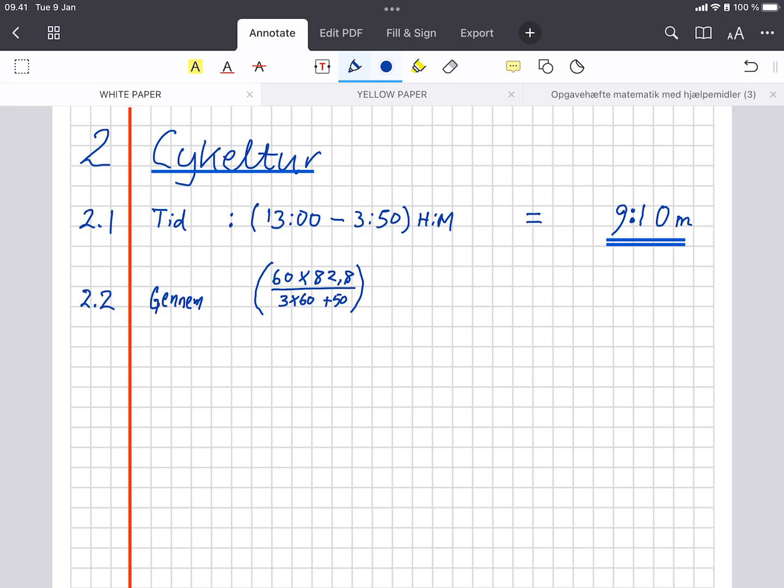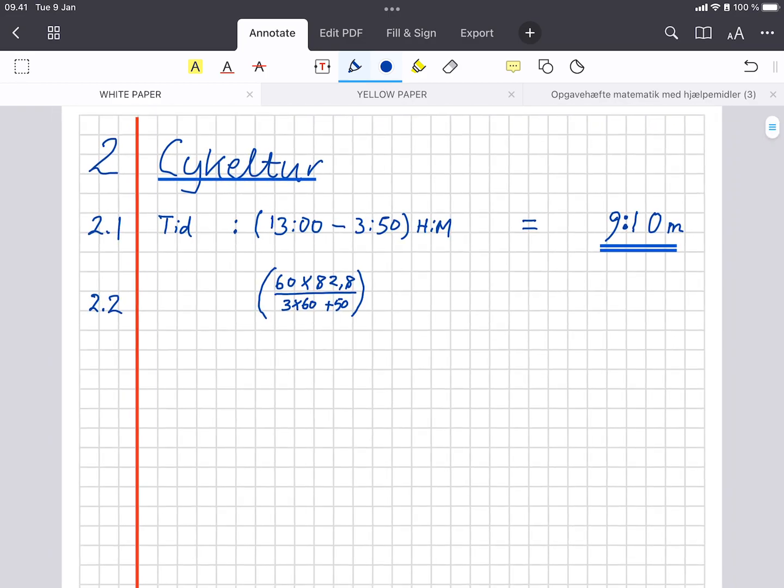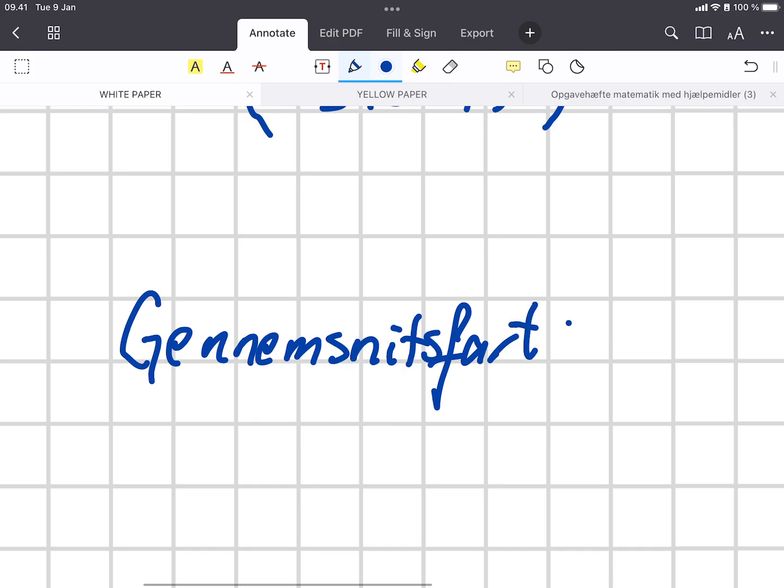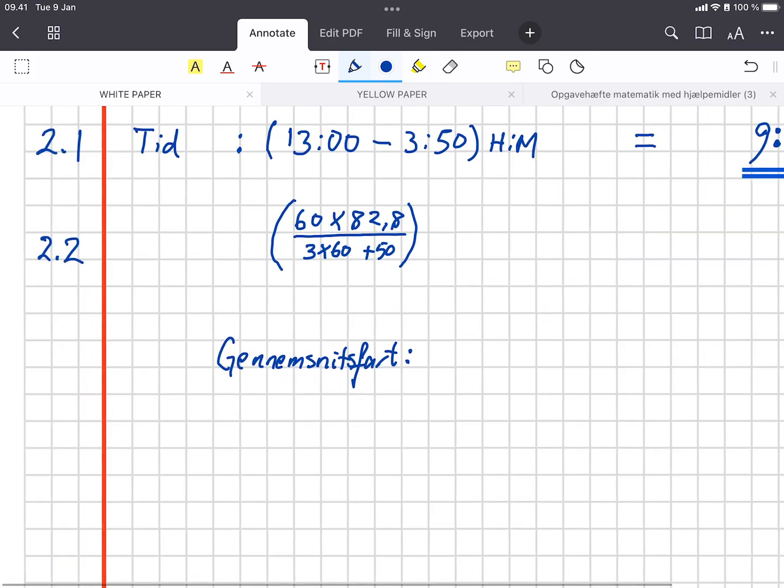I'm going to struggle to fit that in, actually. So I'm going to use the magic of the iPad to cheat a bit and write it down there and then just resize it.